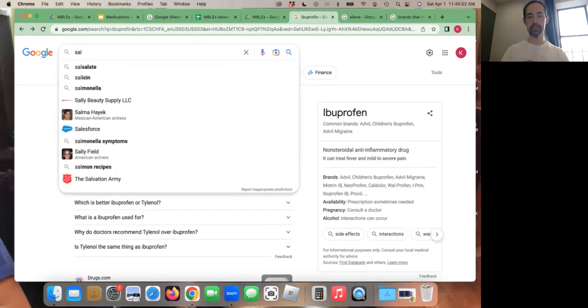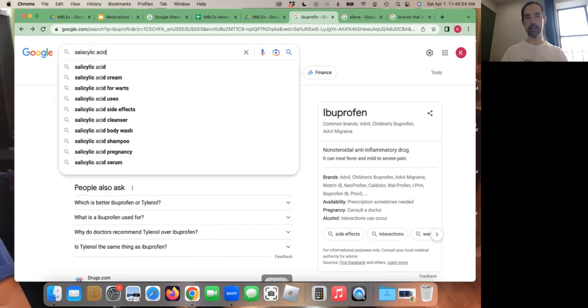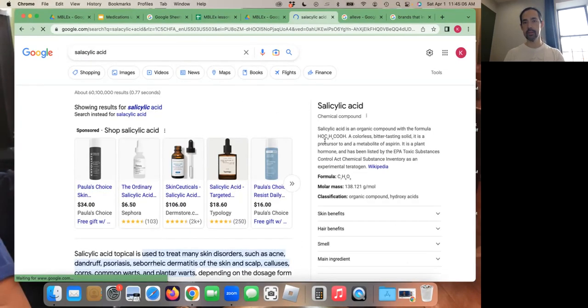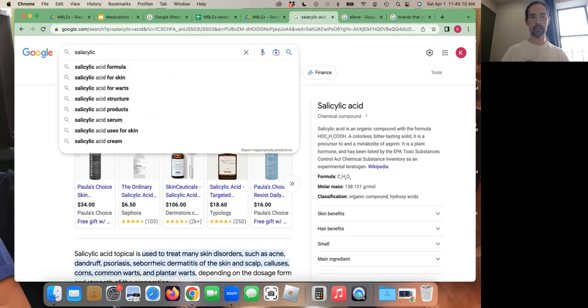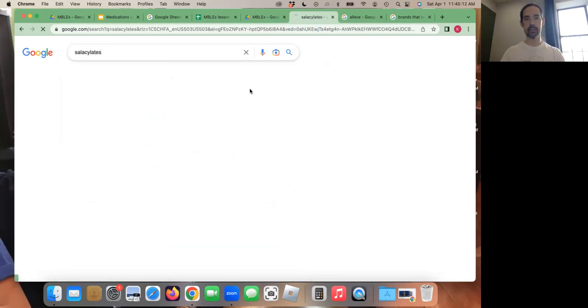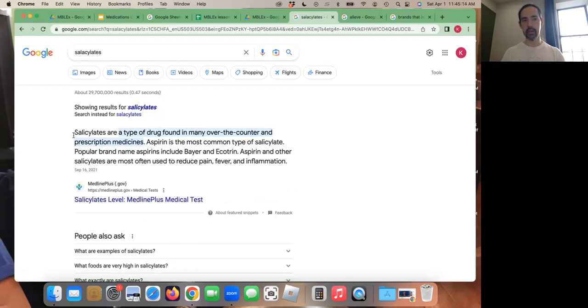So salicylic acid, salicylates, a type of drug found in over-the-counter medications. Aspirin is the most common type of salicylate. Bayer, Ecotrin, aspirin, and other salicylates are used to reduce pain, fever, and inflammation.